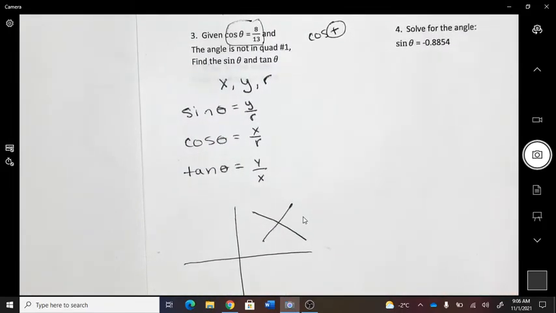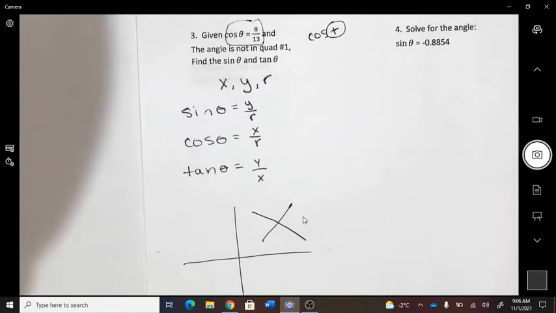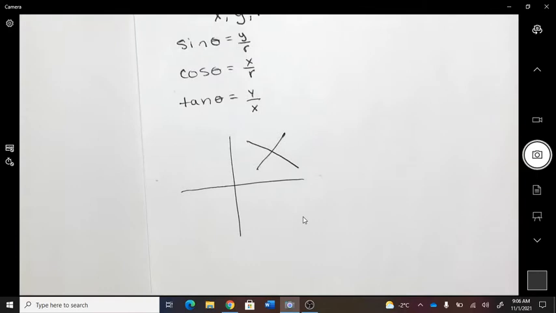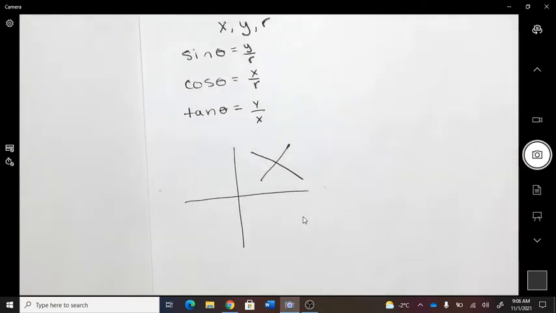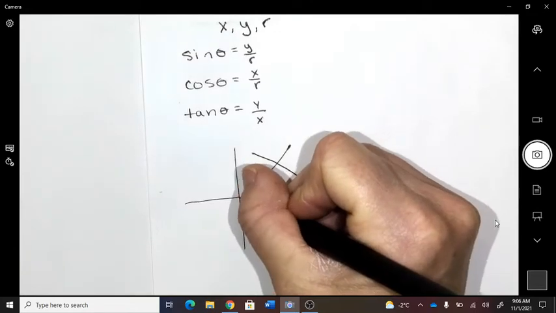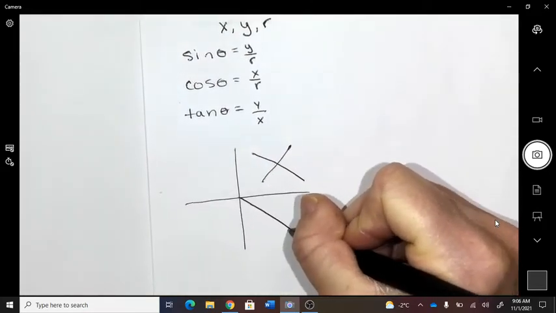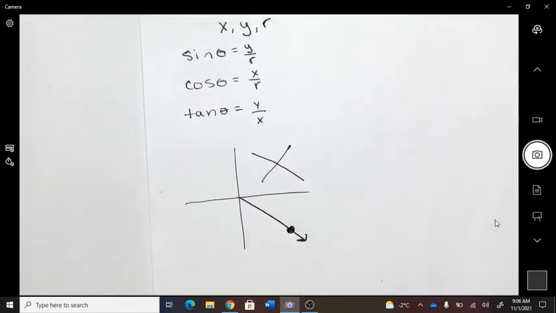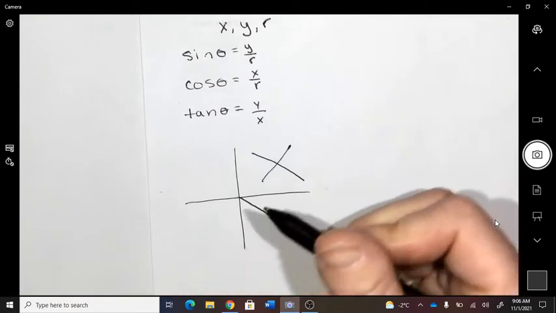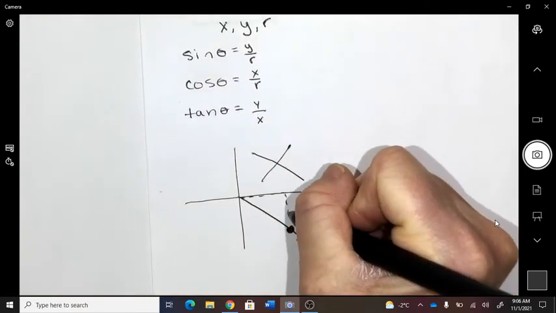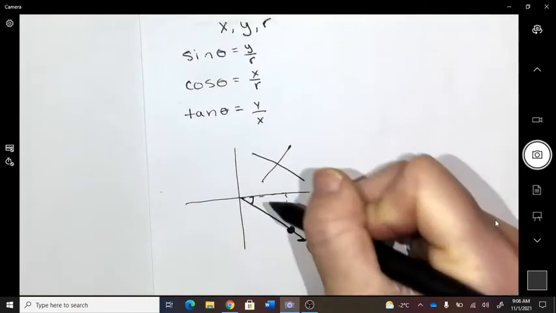So where are you? Cos is positive, but you're not in quadrant 1. Which is the ASTC position there? So that's quadrant 4. It's the C quadrant. So I'm going to create a triangle.